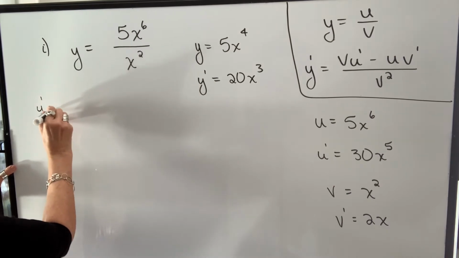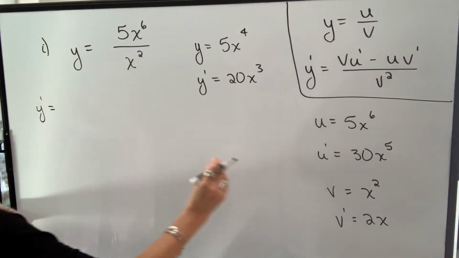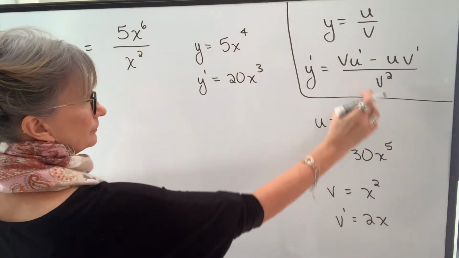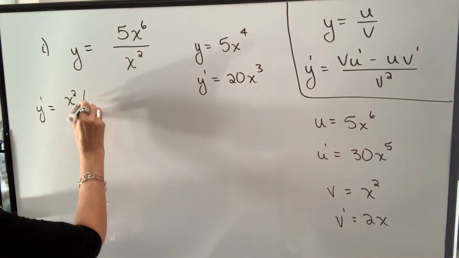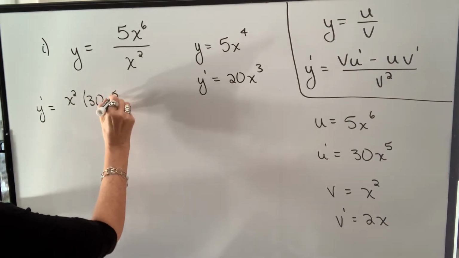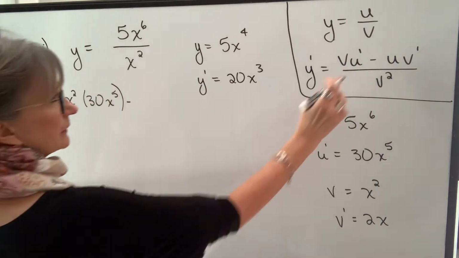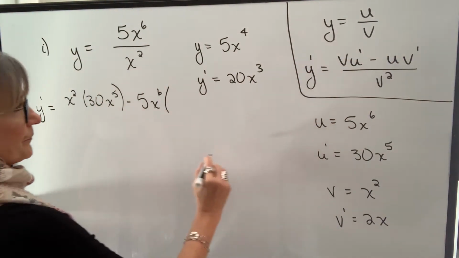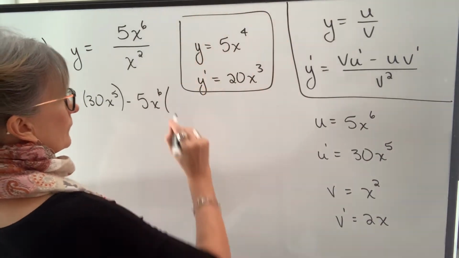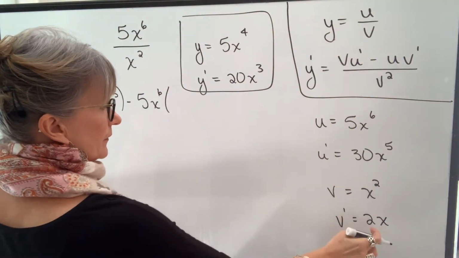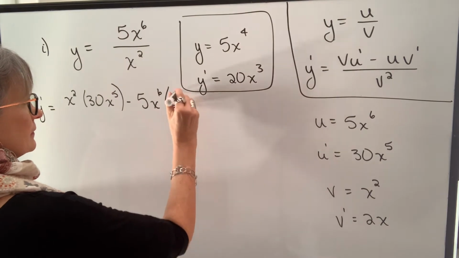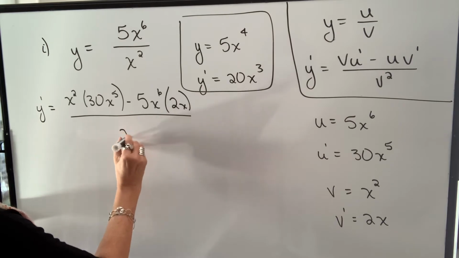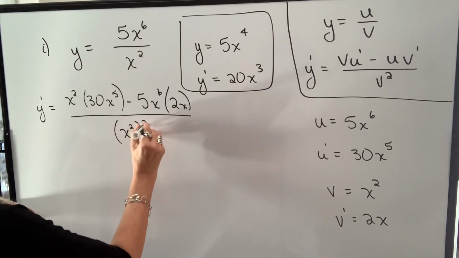The derivative of my quotient will be v, which is x squared, times u prime, which is 30x to the 5th, minus u, which is 5x to the 6th, times v prime, which is 2x, all over the denominator, or v, x squared, squared.